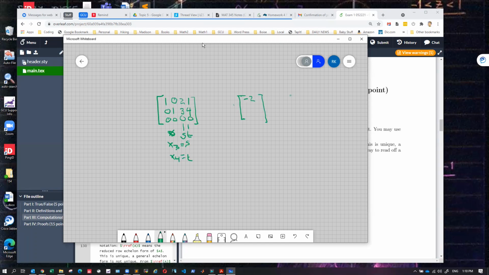Then I'm going to have a t here, and minus 1 t coming from that. And then minus 3, and then minus 4 there. Sorry, there should be a t there. And here, s goes with x3, so I have a 1 and then a 0, and then 0 and a 1.